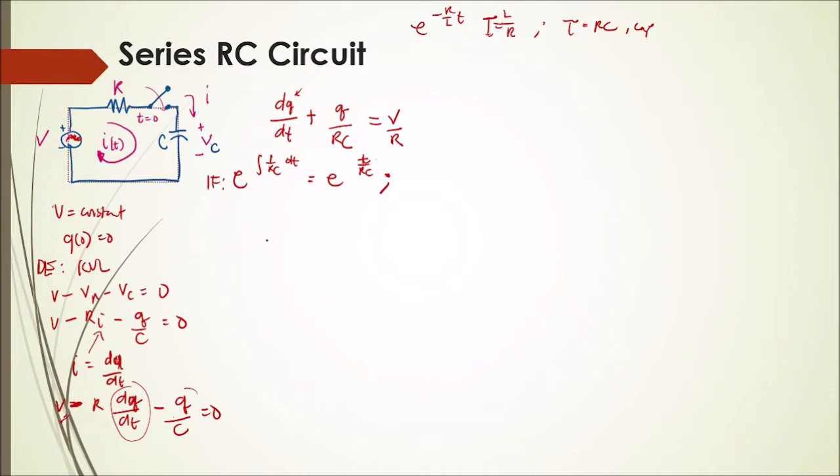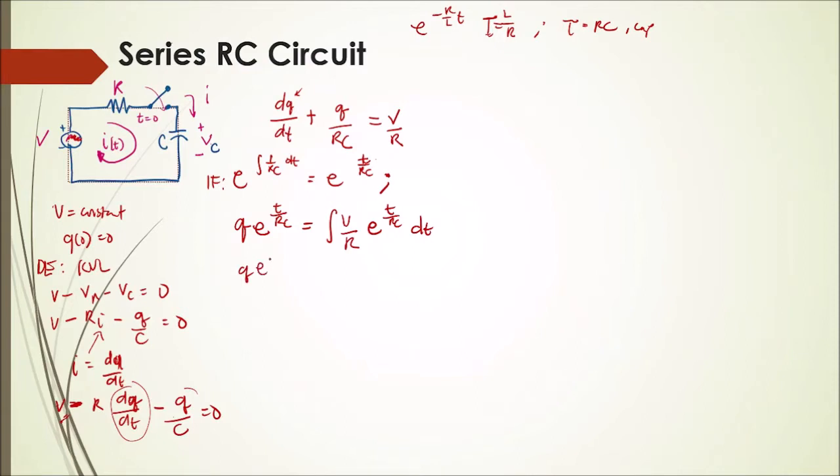So that's our y, which is actually Q now, no? Q, charge, Q times e to the t over RC, which is our integrating factor, equal to the integral of Q of X, which is V over R, times the integrating factor e to the t over RC times dt. Okay, so we integrate.